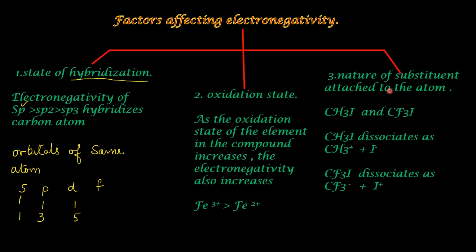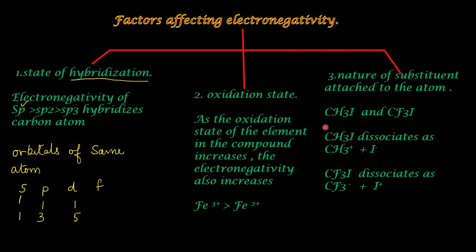The third factor is nature of the substituent attached to the atom. We will consider two compounds having carbon. First one, iodomethane and trifluoroiodomethane. In iodomethane, the carbon atom is attached to 3 hydrogen atoms and 1 iodine atom. In trifluoroiodomethane, the carbon atom is attached to 3 fluorine atoms and 1 iodine atom.